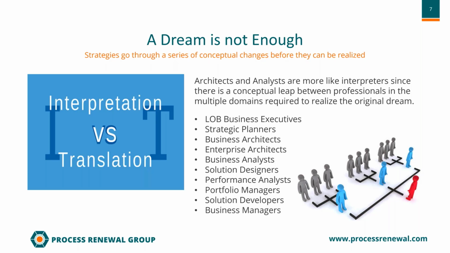An interpreter actually finds the meaning and turns it into something understandable for another group of people. If you look at all the people involved in the things we're trying to do, you've got business executives, strategists, all the different types of architects, people designing solutions, and all these different groups. The issue is, how do we make sure we don't lose the intention when we're doing the interpretation?